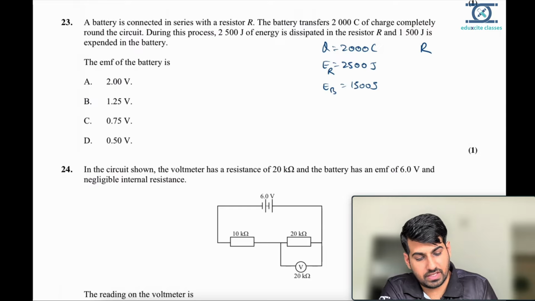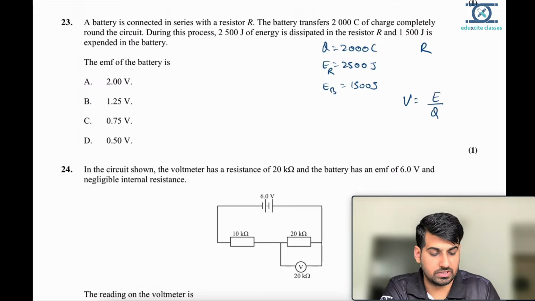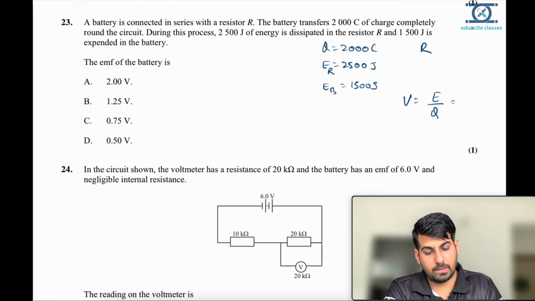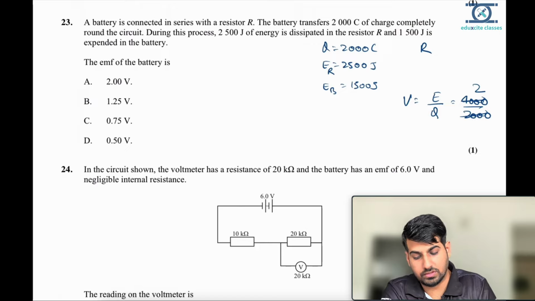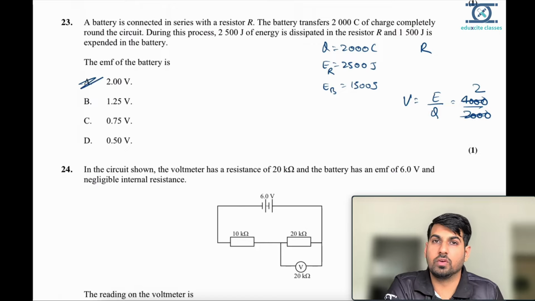The definition of potential difference is the work done per unit charge. So the work done is the total energy dissipated, which is 2500 plus 1500 is 4000, and the charge is 2000. So this gives you 2 volt. So the maximum voltage will be 2 volt.